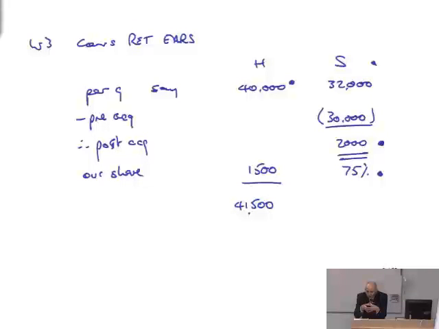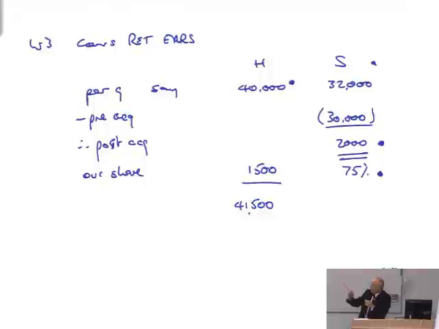But goodwill only exists on consolidation. It doesn't feature in the parent company's own financial statements. It doesn't feature in the subsidiaries' financial statements. It only exists, it comes alive on the process of consolidation.